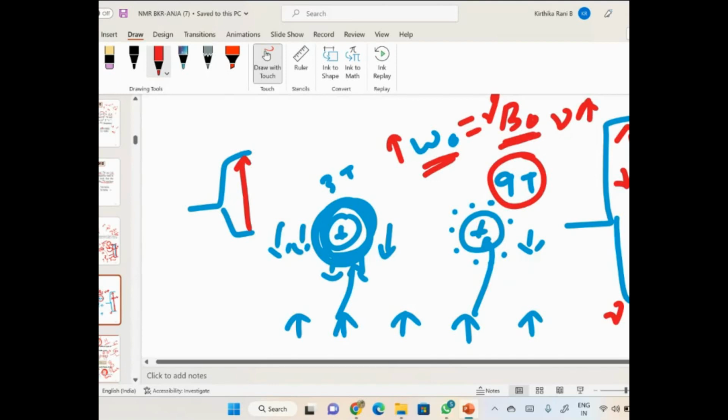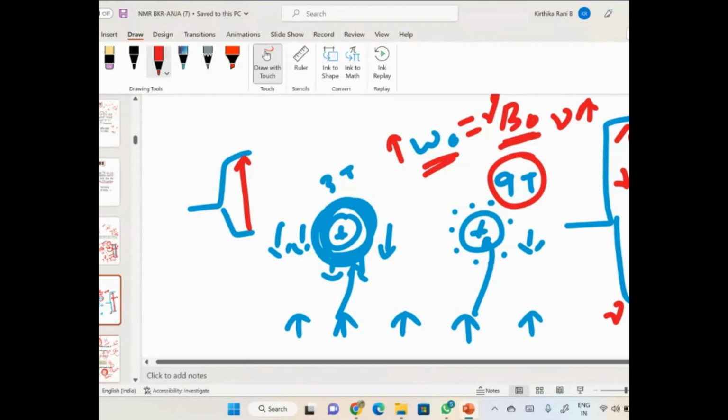Yes, ma'am. So it is the same hydrogen, all the molecules have the same hydrogen. But now how am I differentiated? Why am I different? Based on what? Based on the electrons surrounding me.